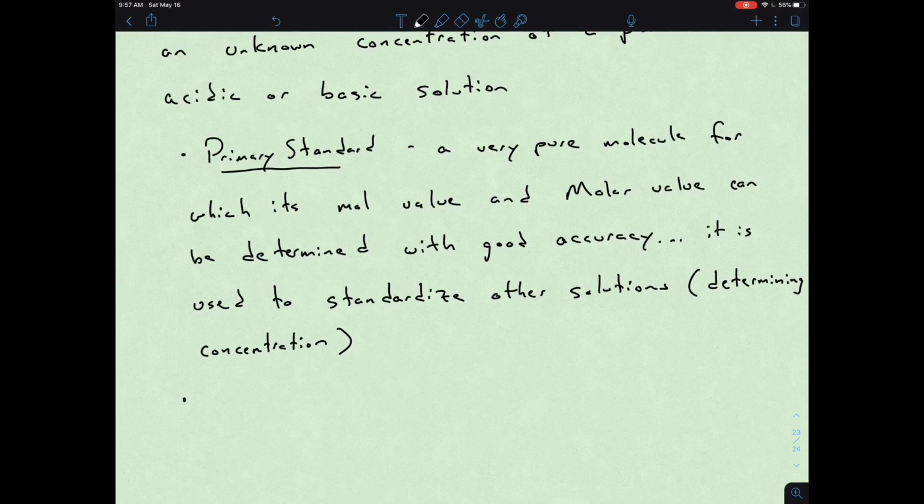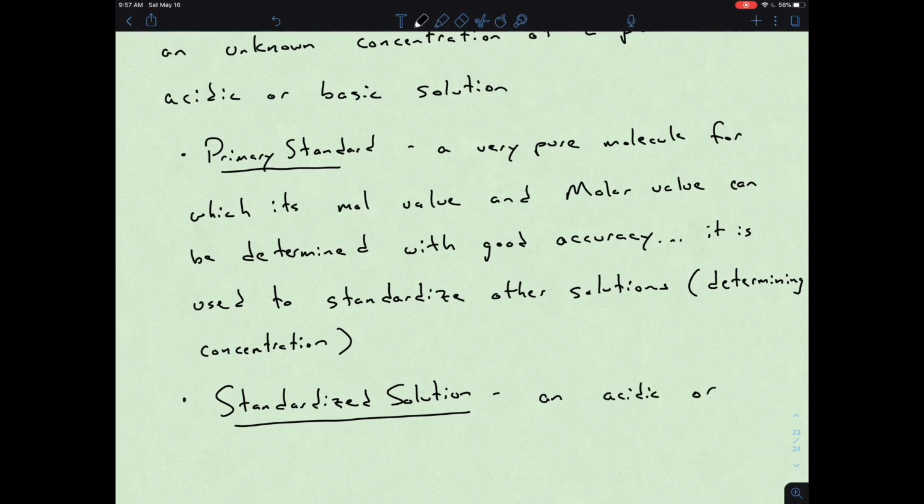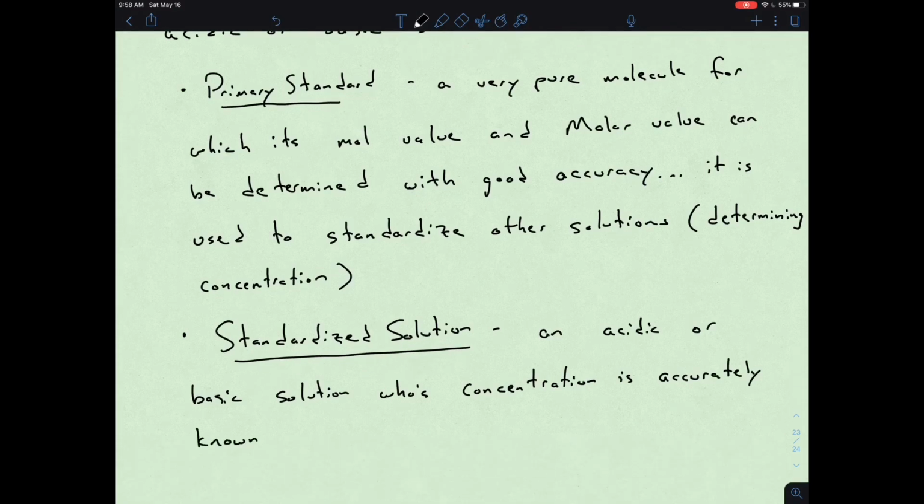We then have a standardized solution, and this is basically an acidic or basic solution whose concentration is accurately known by basically application of the primary standard.